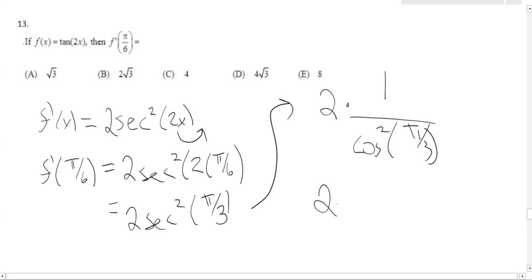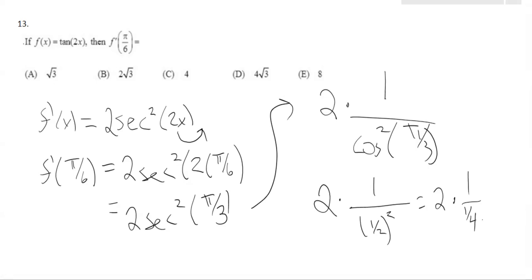And cosine of pi over 3 is a half, so this is 2 times 1 over 1/2 squared, which would be 2 times 1 over 1/4. And 1 divided by 1/4 is multiplied by the reciprocal, 4. 4 times 2 gives us 8.